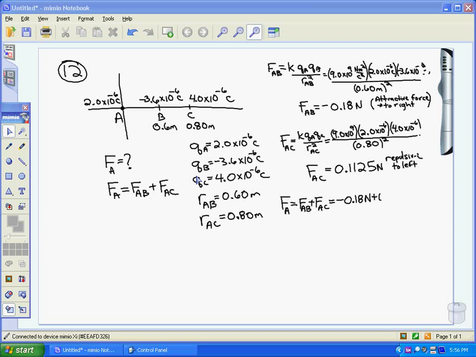So the force on A is going to be 0.0675 newtons. And since it is positive, it is to the left. So all you have to do is add up the individual forces in this particular problem.